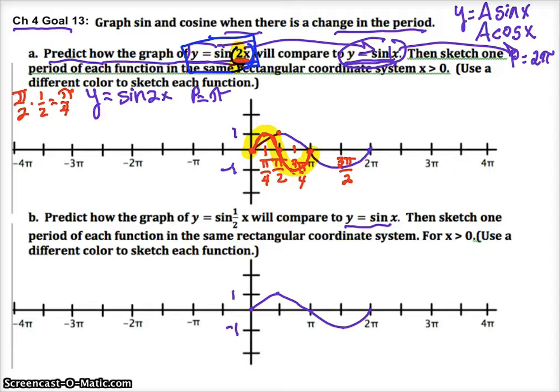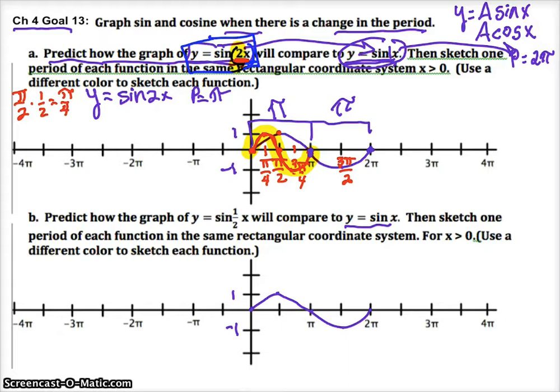If this function is 1 pi radians in length, then if we draw it again, that period should also be 1 pi radians in length. So if we begin sketching at 1 pi, it should end at 2 pi.